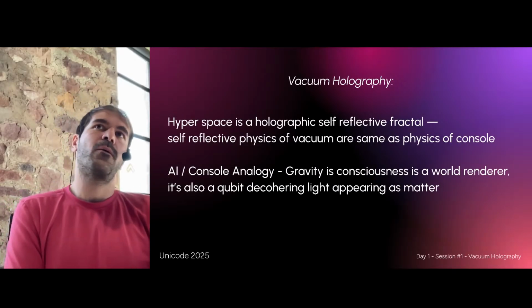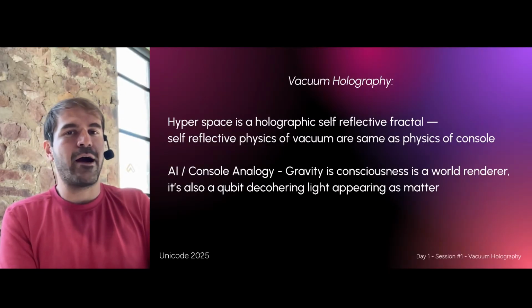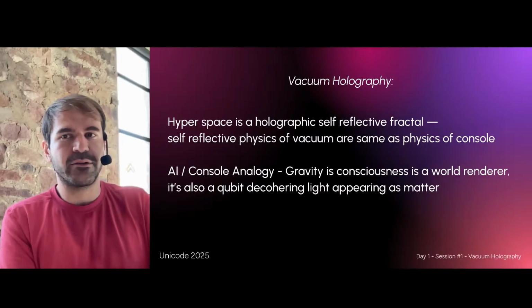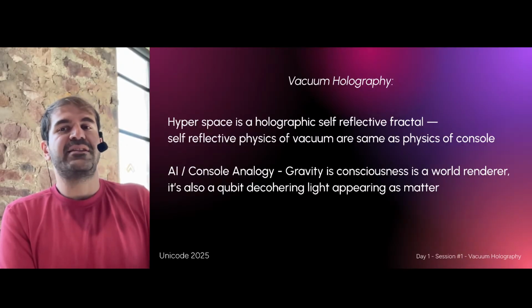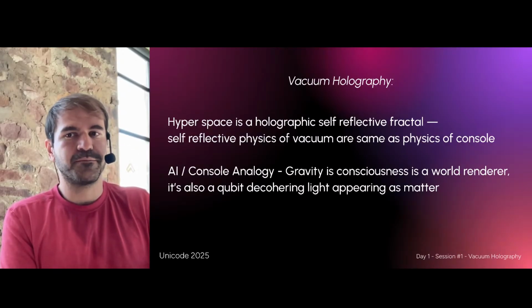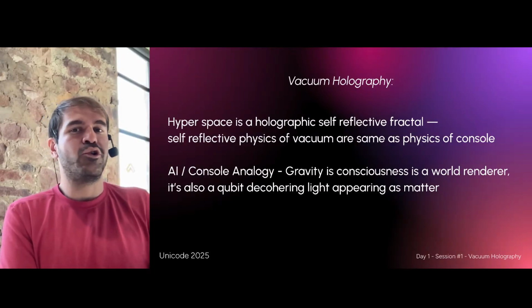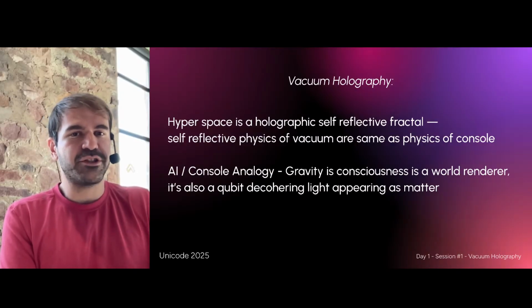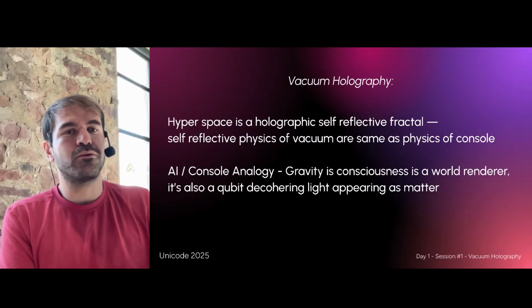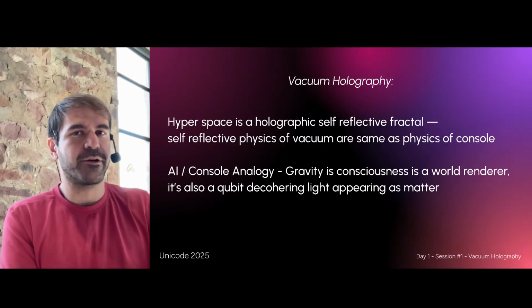Okay, so hyperspace is a holographic self-reflective fractal. The self-reflective physics of the vacuum are the same as the physics of a console. So this is where you have that AI console analogy. Gravity is consciousness, a world renderer. It's also a qubit decohering, light appearing as matter.